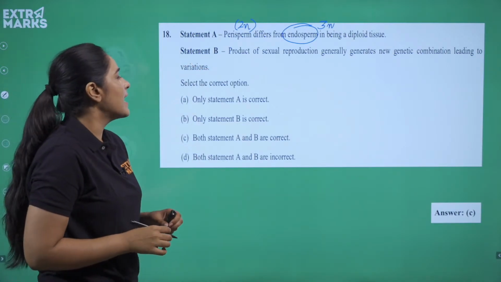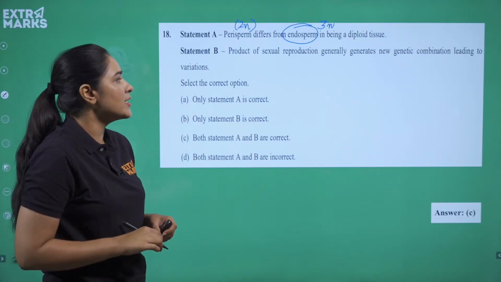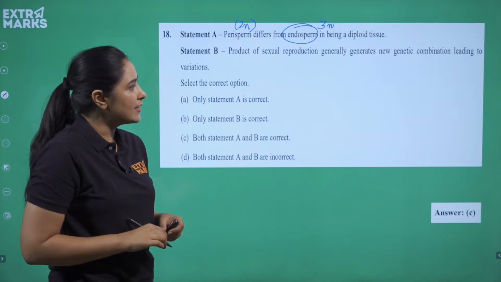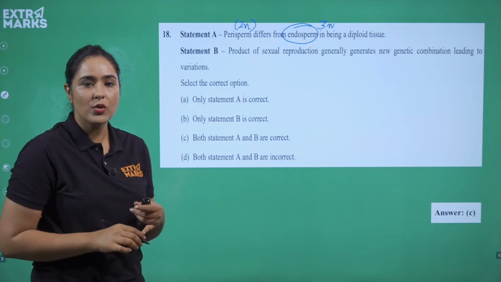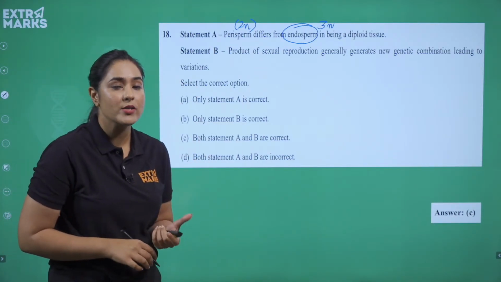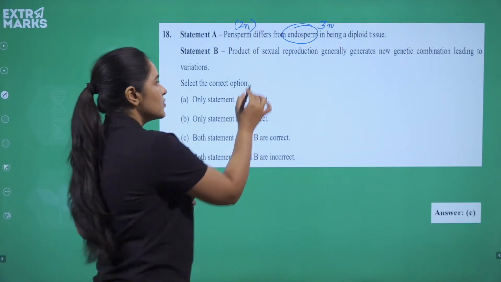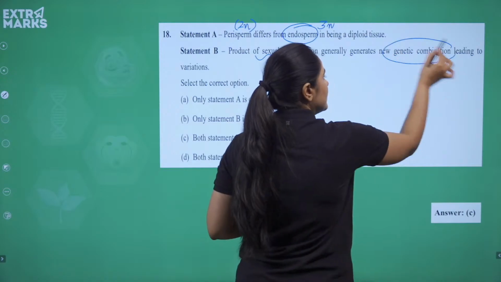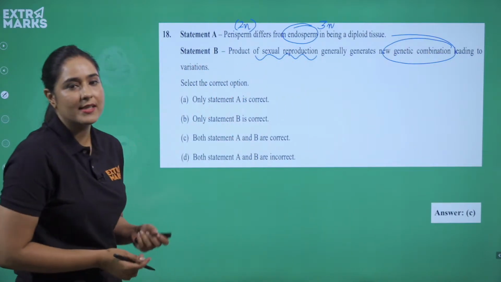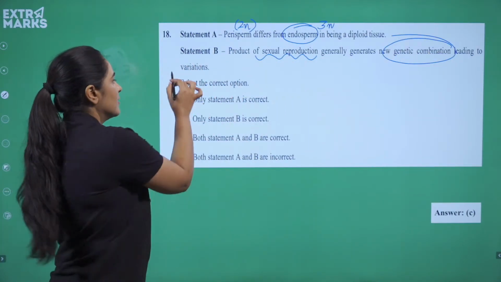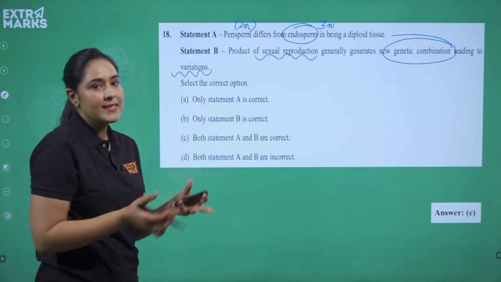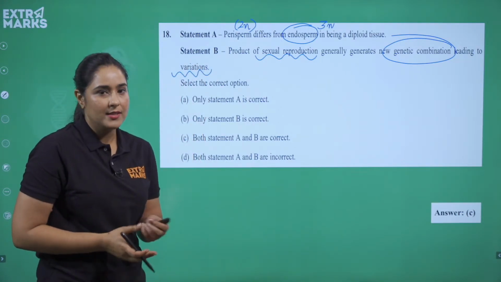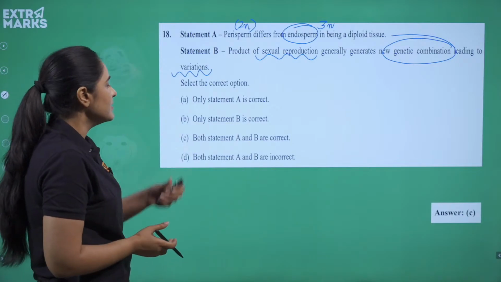Statement B says that product of sexual reproduction generally generates new genetic combination leading to variation. So obviously this is one of the advantage of sexual reproduction. So we are having this statement also correct. Genetic combination, recombination, it is giving us variation here. Are basis of the speciation, as we have seen in the evolution also. So both the statements, they are correct.